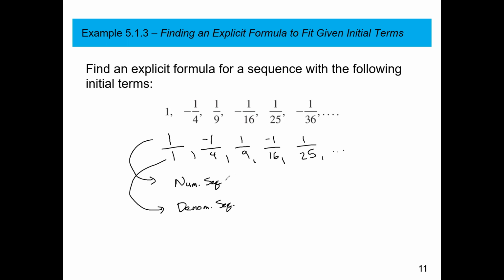All right, so my numerator sequence would be 1, -1, 1, -1, 1. Oh, wait. Can you find a formula for the numerator sequence? So maybe you have that one. The denominator sequence is going to be 1, 4, 9, 16, 25.